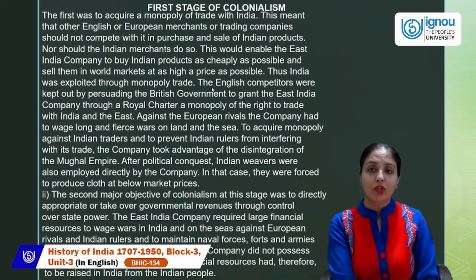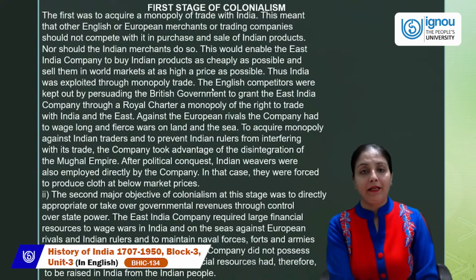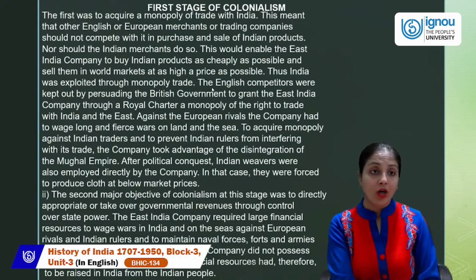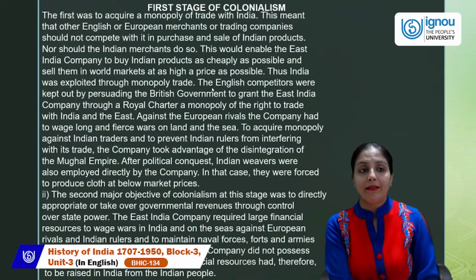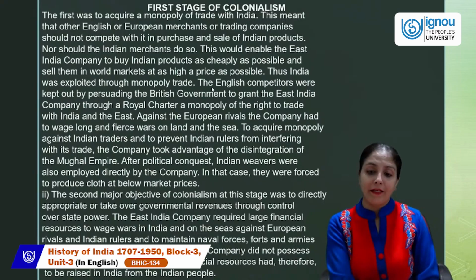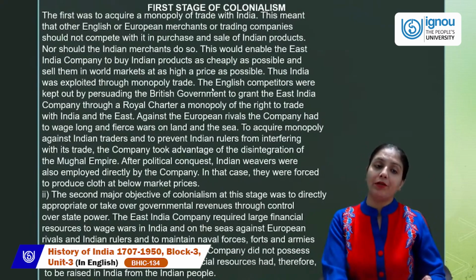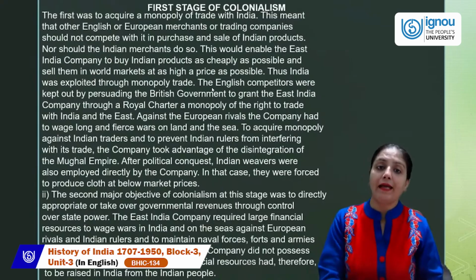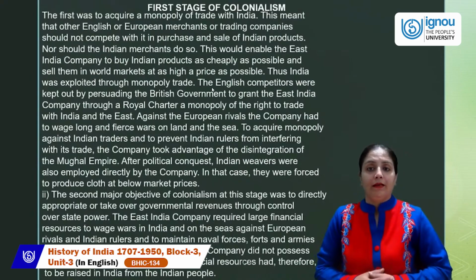What was the meaning of this? That other English or European merchants or trading companies should not compete with it in the purchase and sale of Indian products, nor should Indian merchants. This would enable the East India Company to buy Indian products as cheaply as possible and sell them in world markets at as high a price as possible.